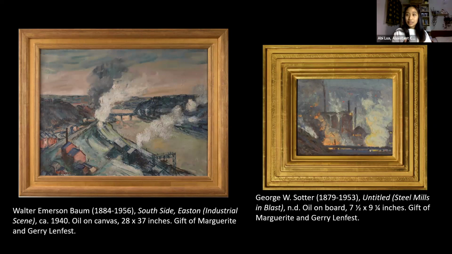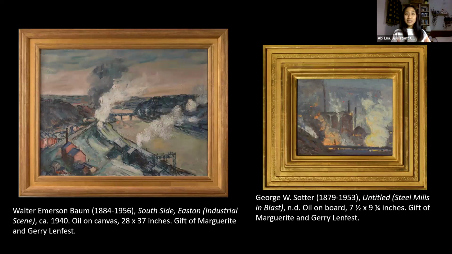In this painting, he really captures the action and the drama of iron and steel production. You can see how the bright orange fire in the front so starkly contrasts the night sky, and you can see the emissions aglow from the fire. You can really see how Sauter depicts industry at play.